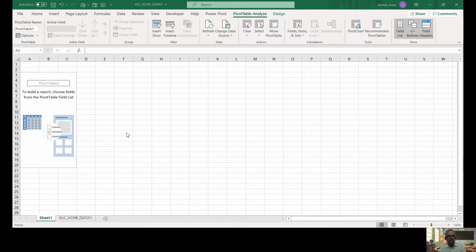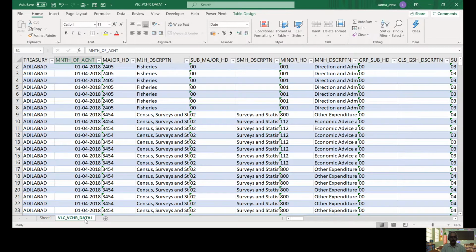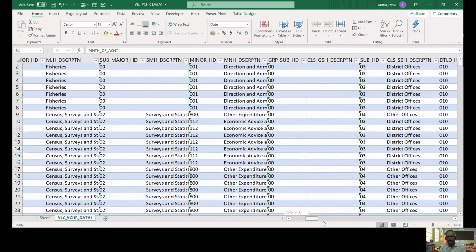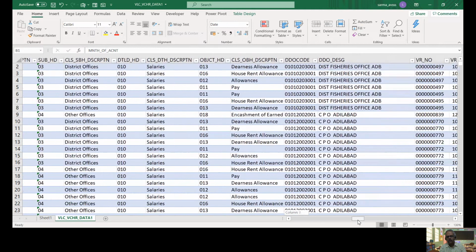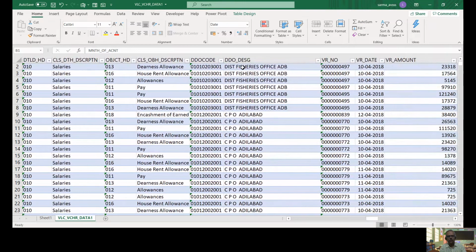Now we are trying to analyze this data. I'm going back to the original data in this sheet. Here, every row is a voucher, and here we have the DDO code.